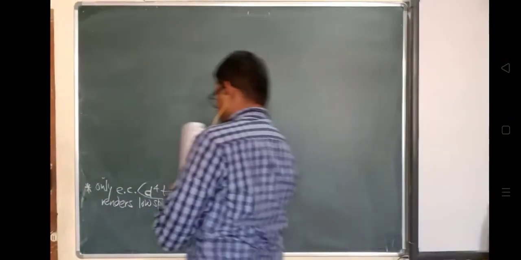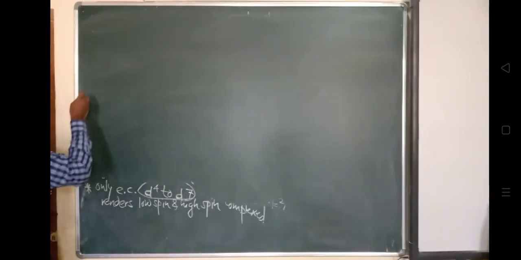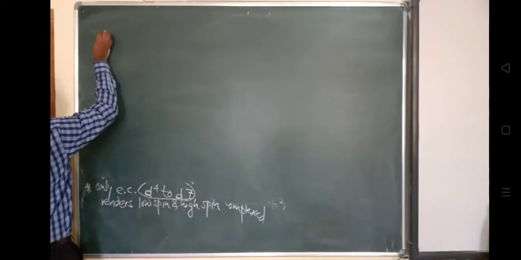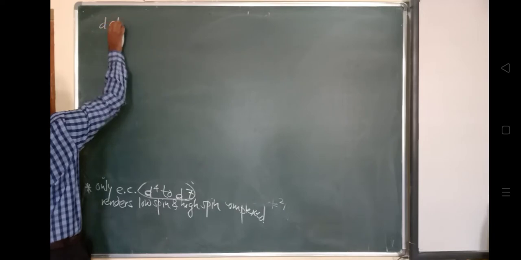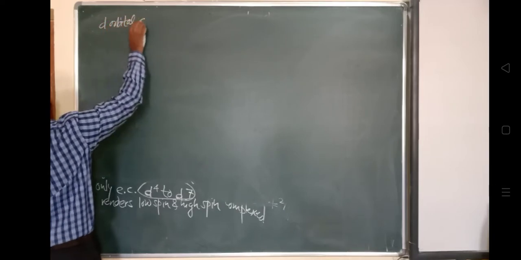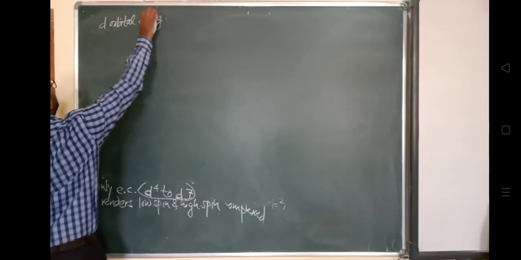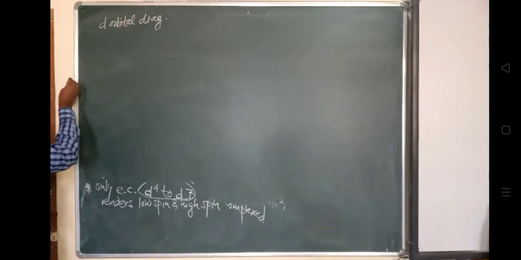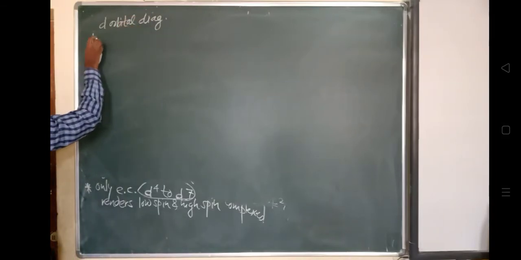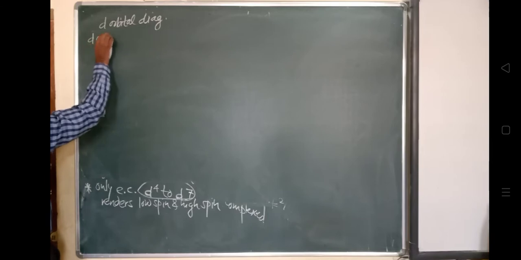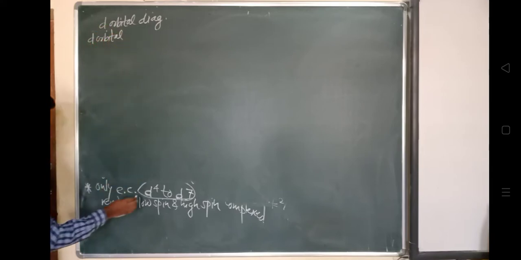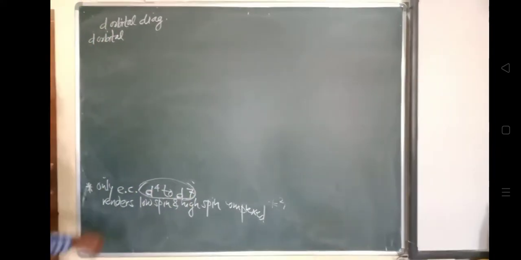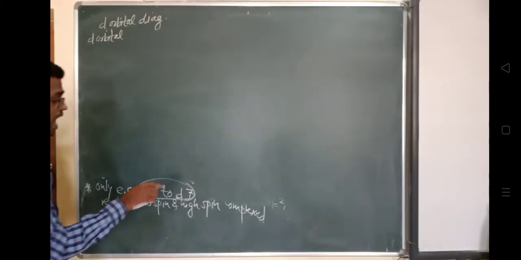So the d orbital diagram for high and low spin complexes. We will draw the d orbital diagram for low spin and high spin. For this d orbital electronic configuration, we want only d4 to d7 because they render low spin and high spin complexes.